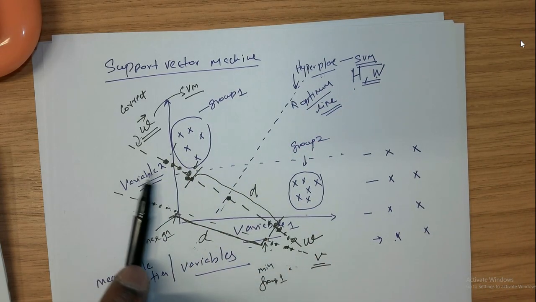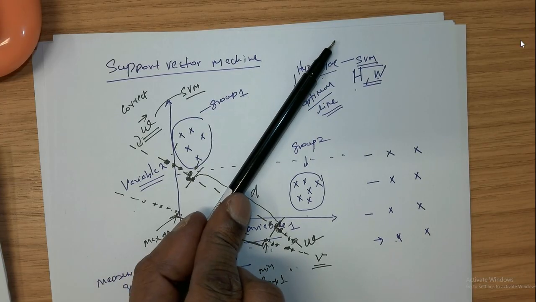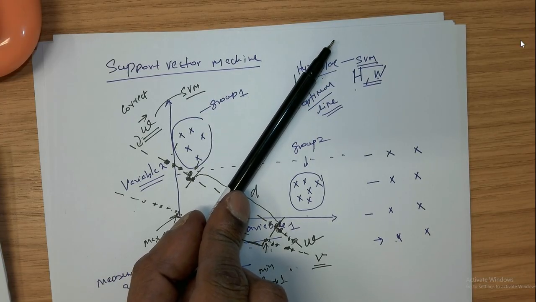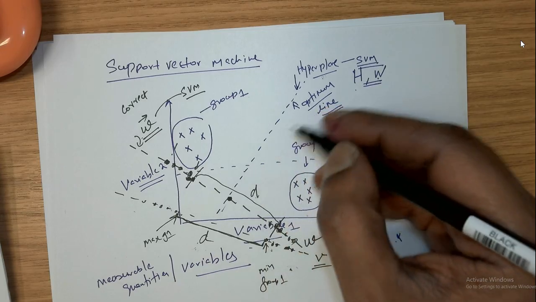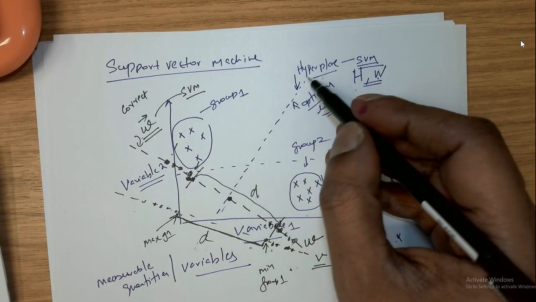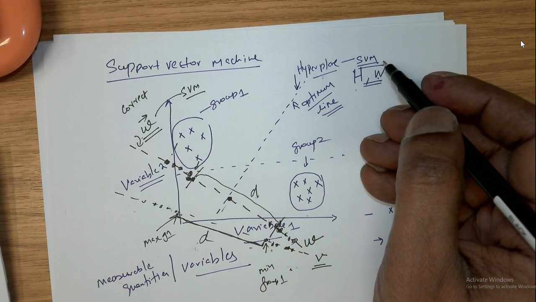So if this is your optimum vector, you draw a line that is perpendicular to that optimum vector. So that will make the hyperplane. That's something we call the hyperplane in the language of SVM.